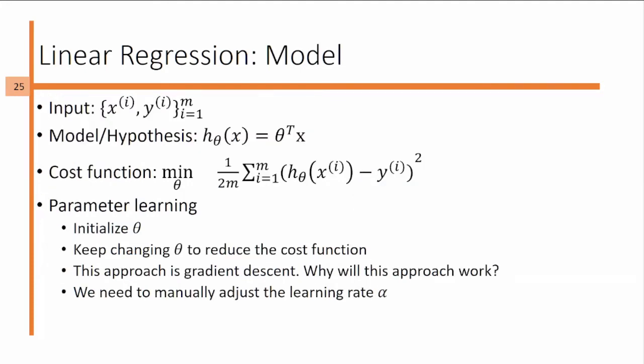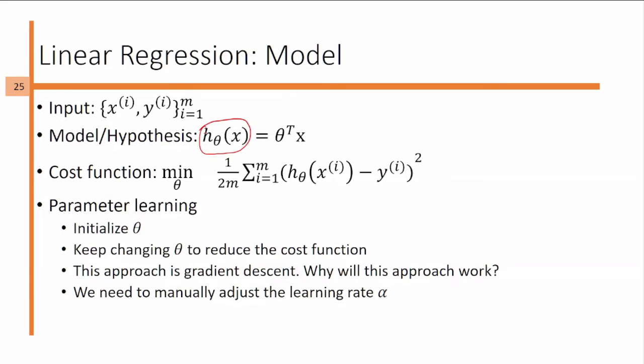And the linear regression model looks like this. You'll learn it in detail in the coming sessions. What we have here is the training set, which is from M samples, and this is the function that we want to build.